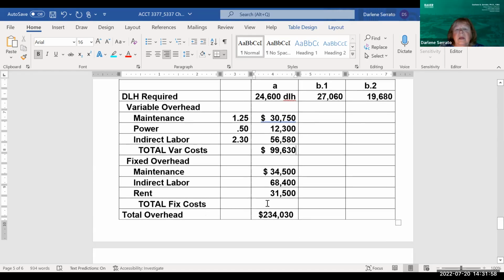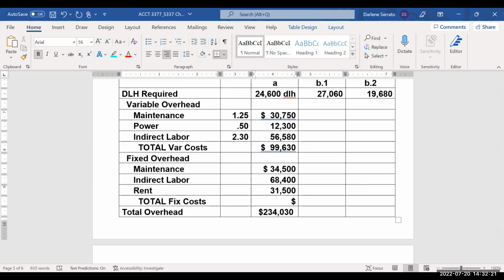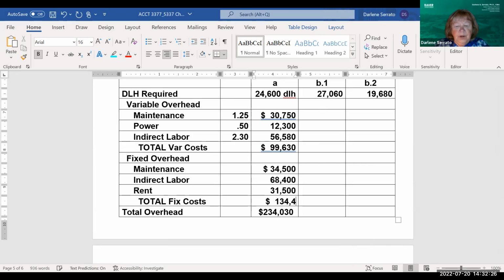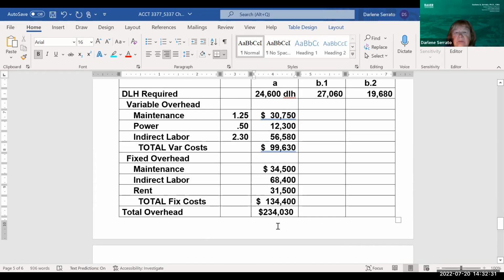Fixed cost ends up being what? $134,400. Yes. And then total cost is $234,030.